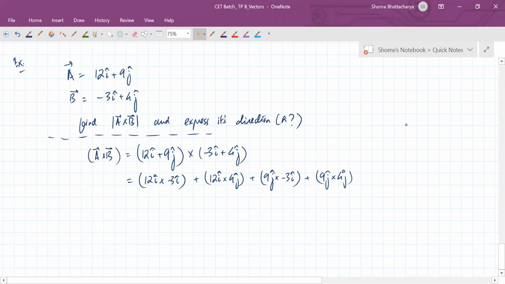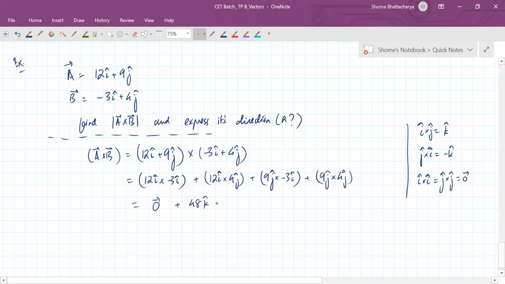Now when we are solving this, just keep in mind that i cap cross j cap is k cap and j cap cross i cap is minus k cap, and of course i cross i is equal to 0 as is j cross j. So this term will become 0, this term will become 48 k cap. Okay.